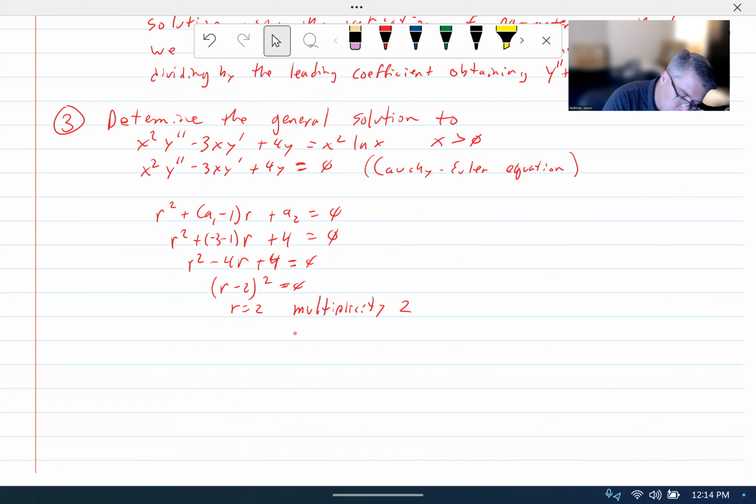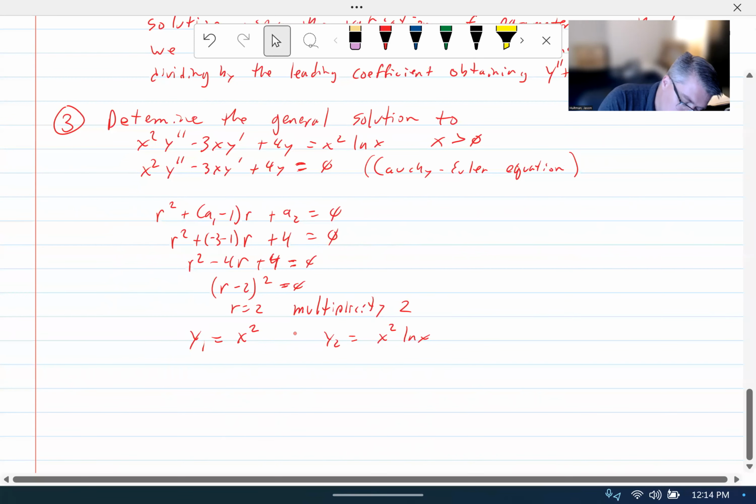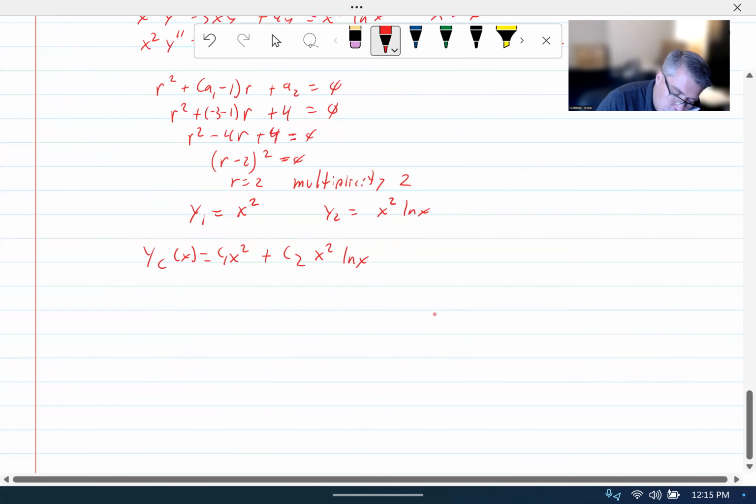So my complementary function, yc of x, is equal to c1 x squared plus c2 x squared natural log of x.